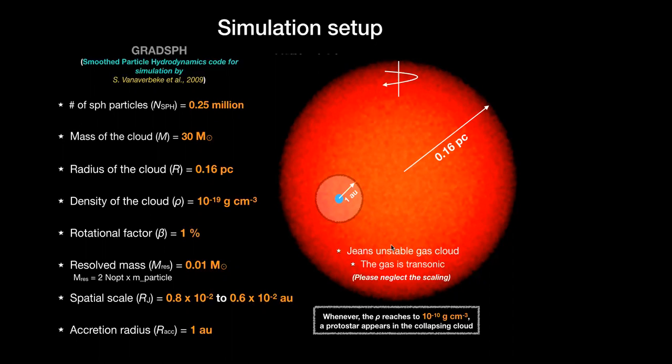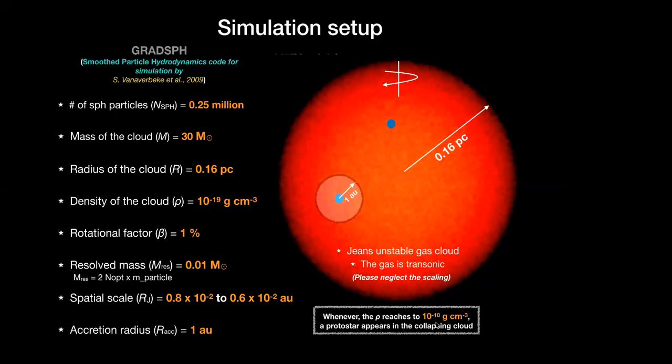isothermally. Whenever you form protostars, when you reach this particular value, 10 to the minus 10, you actually form the star. By the way, this is not the density at which the transition from isothermal to adiabatic occurs. It is the density at which we form the stars.